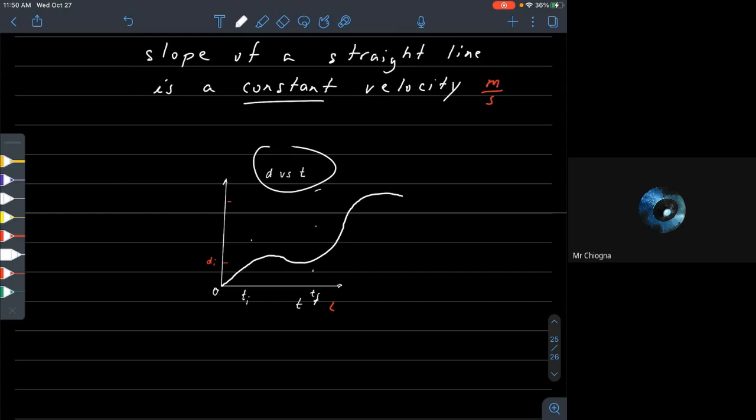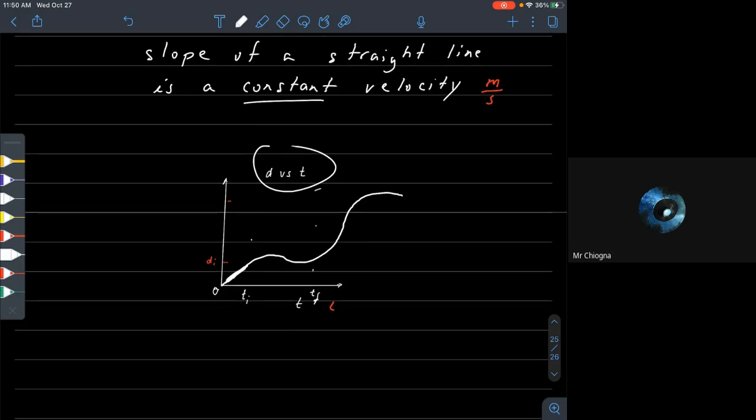There are places where the slope is constant. This looks pretty constant here, but there's other places where it's not, where it's a curve. If it's not a straight line, it's not constant. Any of those curved sections means it's not a constant velocity. If it's not constant, that means it's changing.